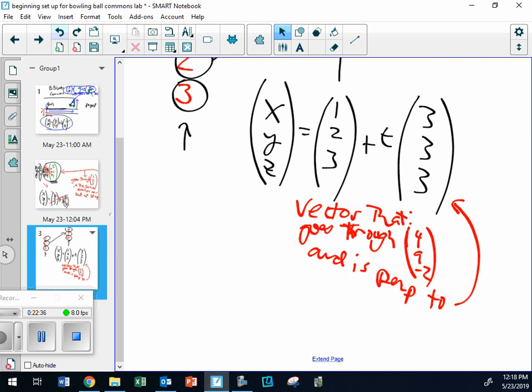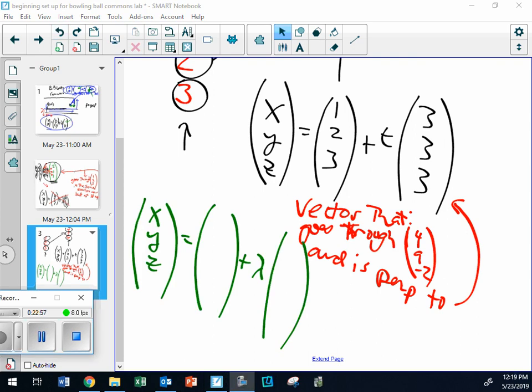See if you remember what the secret was to perpendicular vectors. Yeah, the vector that goes through 4, 9, -2 and is perpendicular to the above vector. Okay, I'm going to pause and try that one.